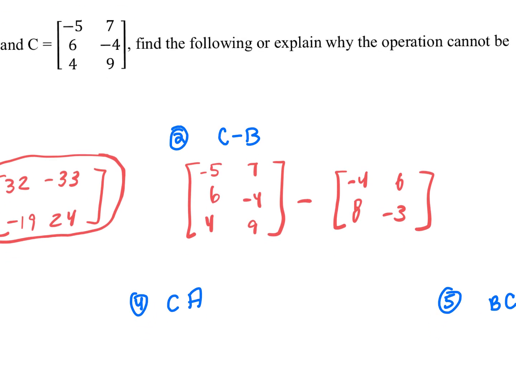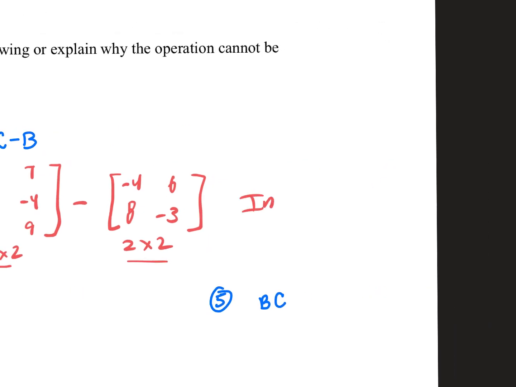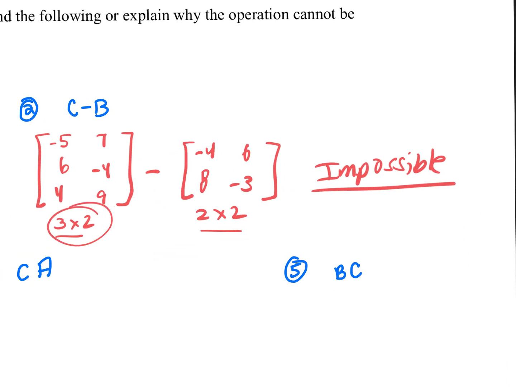So first, before we do this, we have to check our dimensions. My first is a 3 row by 2 column. My second is a 2 by 2. Since we are adding or subtracting and the dimensions are not the same, your answer here would be impossible, and you would show me here that it's impossible because the dimensions aren't the same.